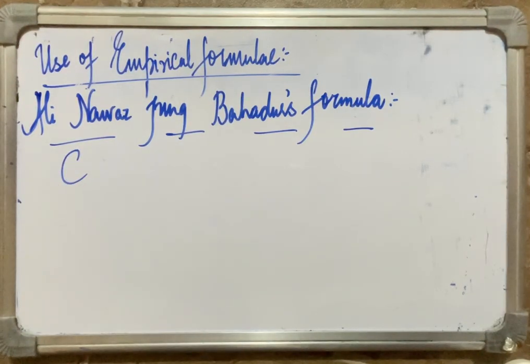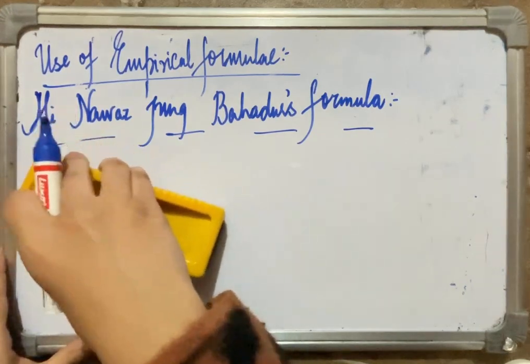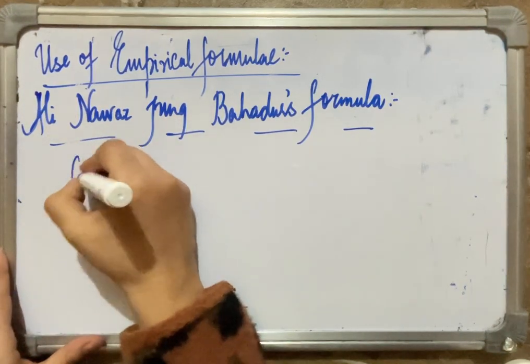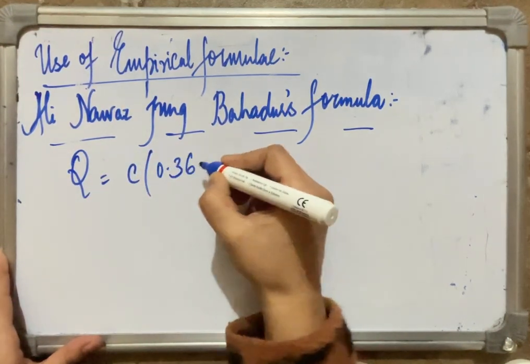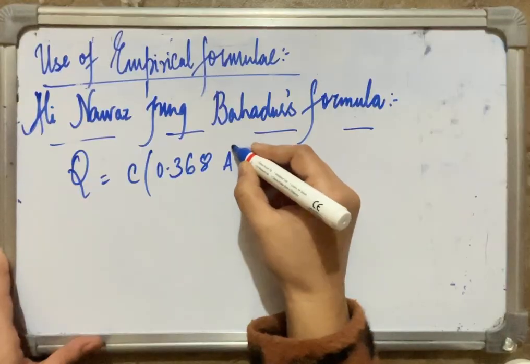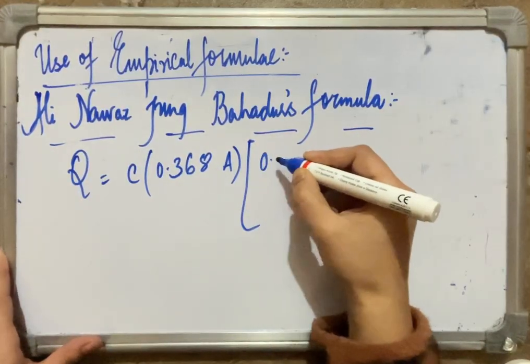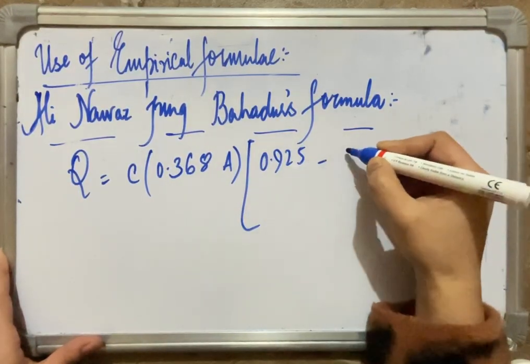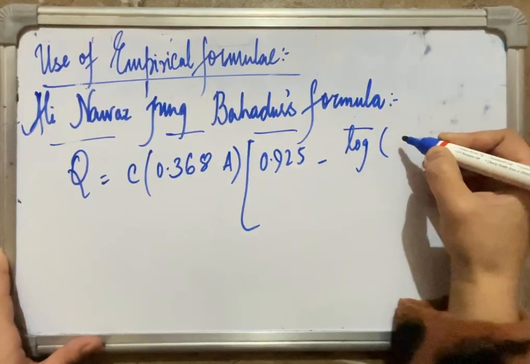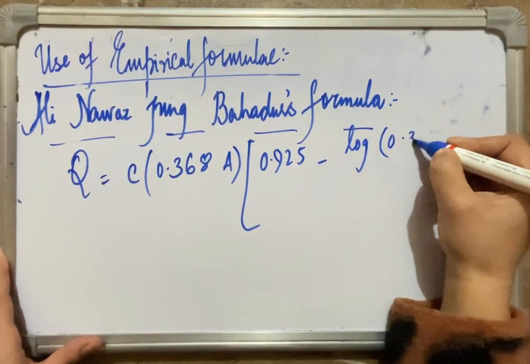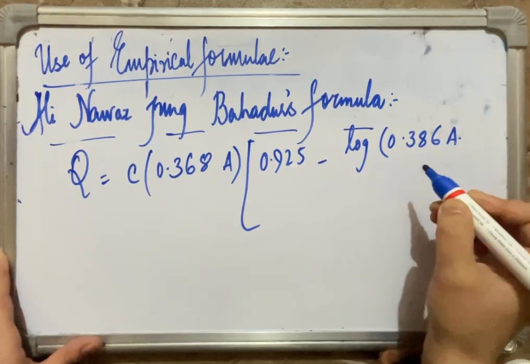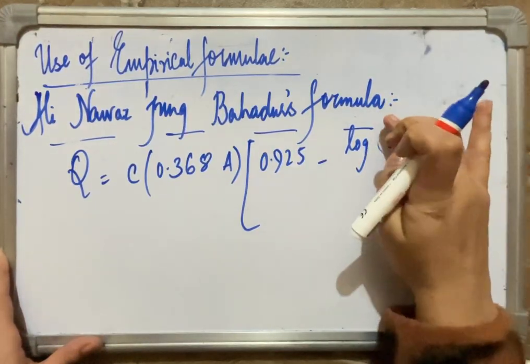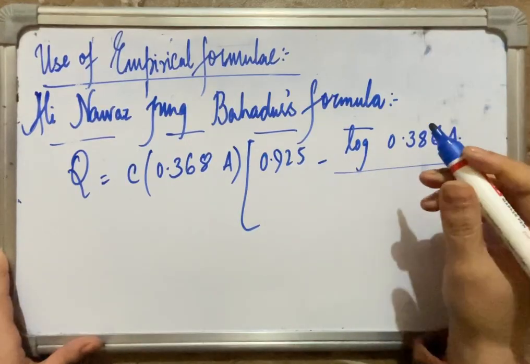So he gave us the formula, which is Q is equal to C times 0.368 A raised to the power 0.925 minus log of 0.386 A, divided by 14.